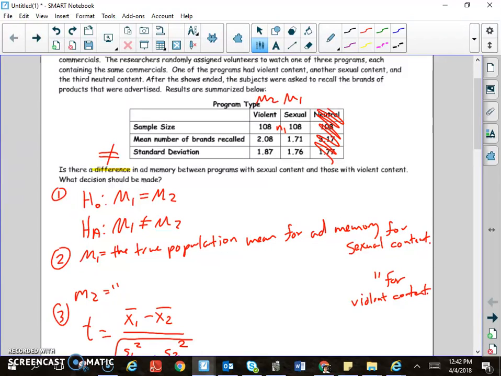This is the mean number of brands recalled, so this would be X1 or X bar 1, and this would be S1. Okay, so now for violent, this would be N2, X2, S2. So this is pretty nice because all that information is given to you. So you need to understand that.